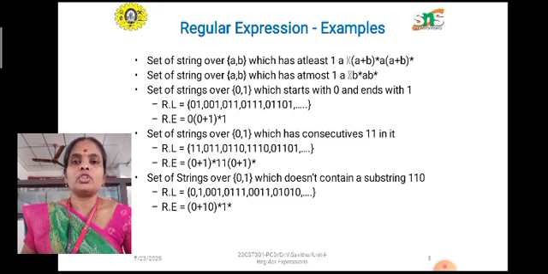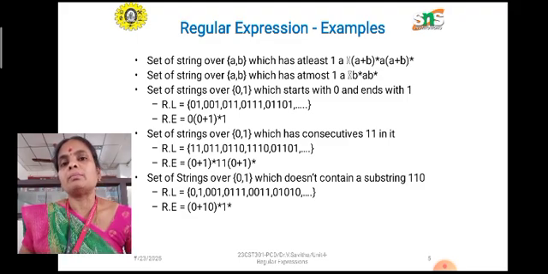So this is the definition of the regular expression, and formally it can be rewritten as 0 followed by (0 or 1) star iteration, and it must end with 1.